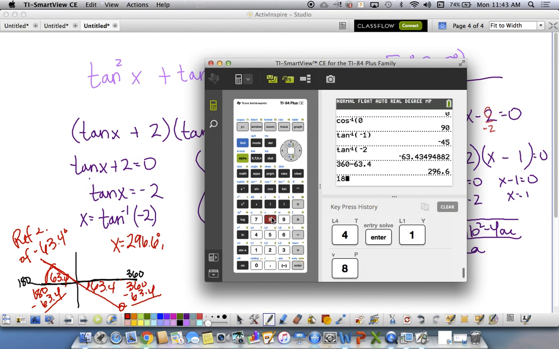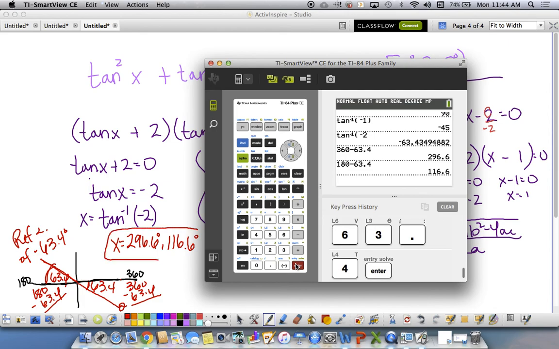Over here, 180 minus 63.4 equals 116.6 degrees. There are my two answers for that section.